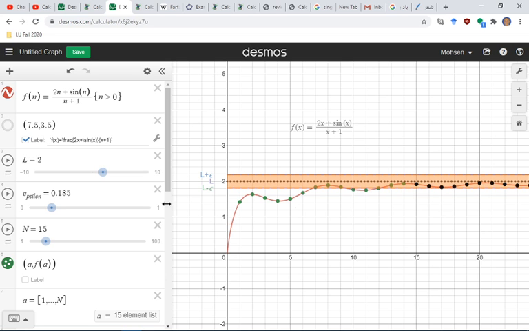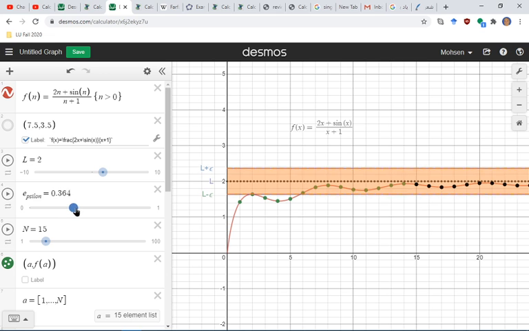If I make this trap tighter and tighter, you have to look harder and harder to see where you enter and then stay inside. Just to be able to see it easily, let me make this trap bigger now. In this case, we see around this location, the function has entered the strip and stays inside.